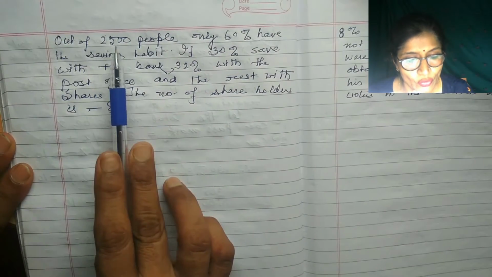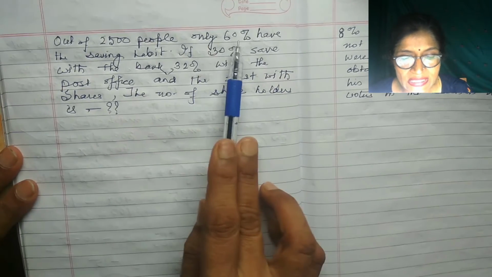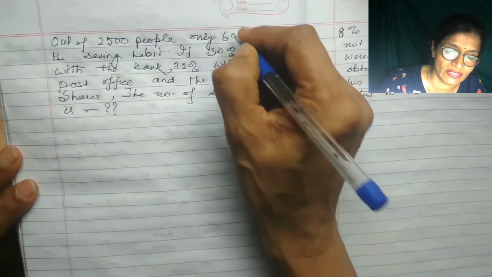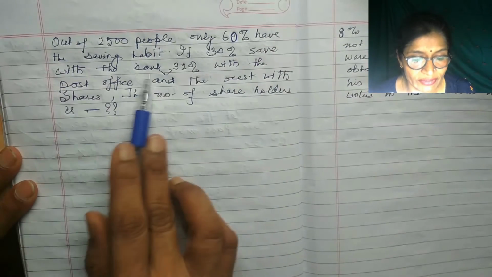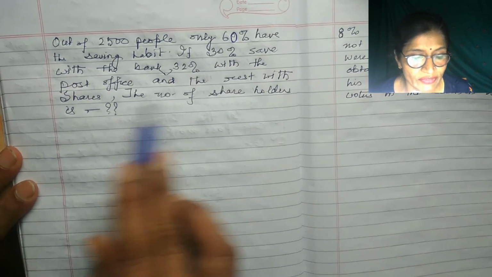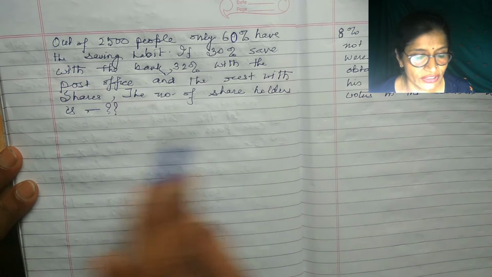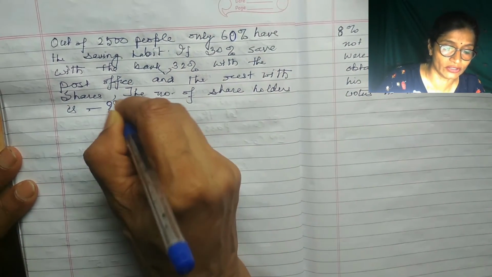Out of 2,500 people, only 60% have the saving habit. How many have the saving habit? 60%. If 30% save with the bank, 32% with the post office, and the rest with the shares, then the number of shareholders will be how much?